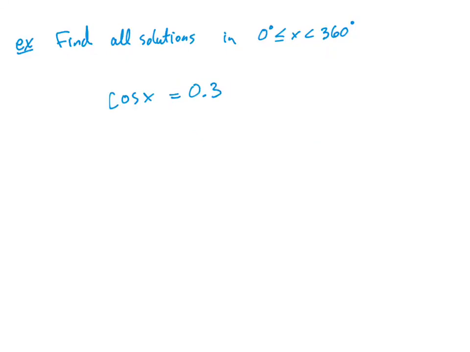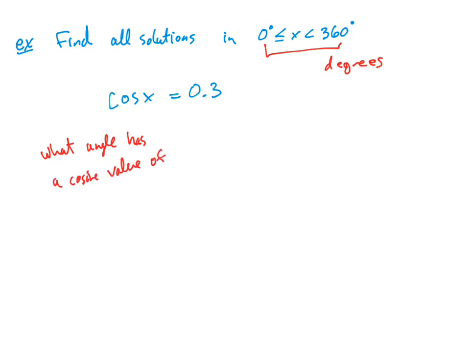So for this one, again, we're in degrees. And we want to know when cosine of x is equal to 0.3. In other words, what angle has a cosine value of 0.3? Now, the issue here is that 0.3 is not one of the values on the unit circle.